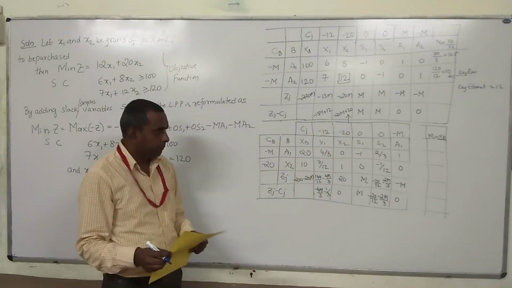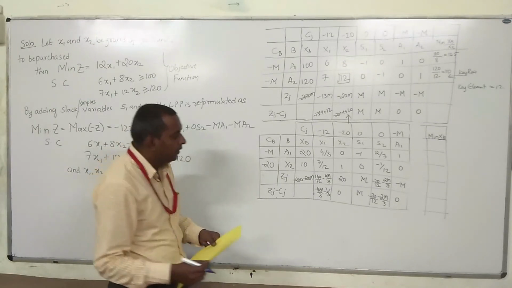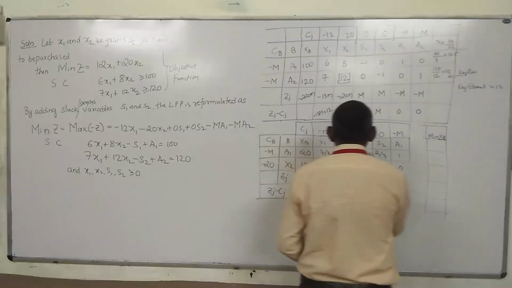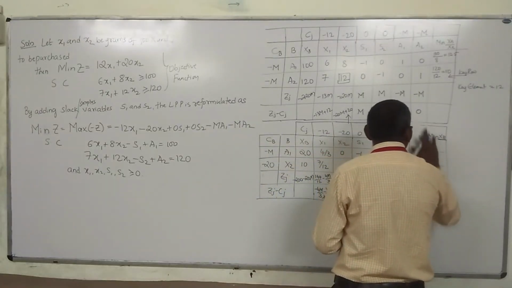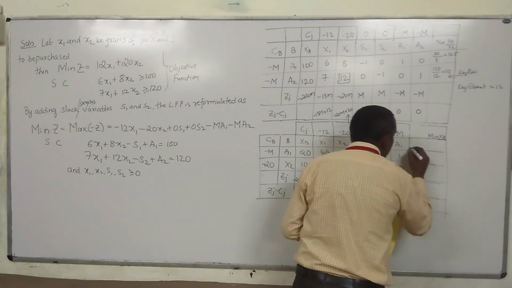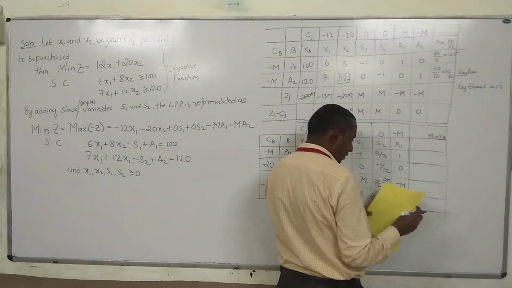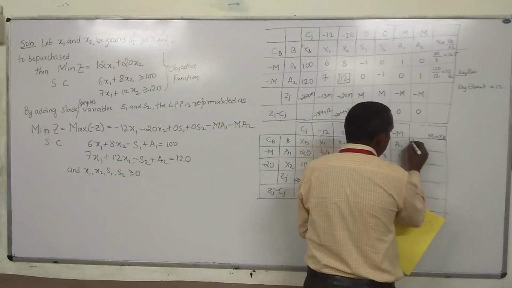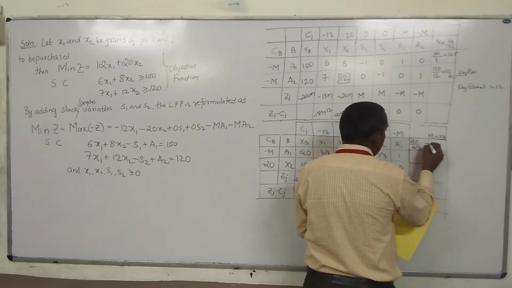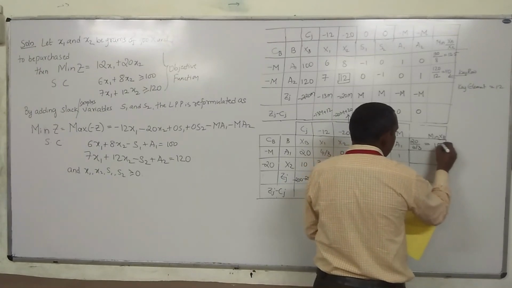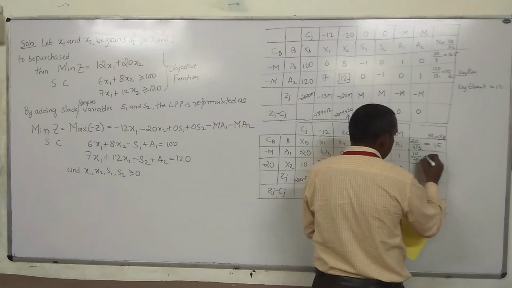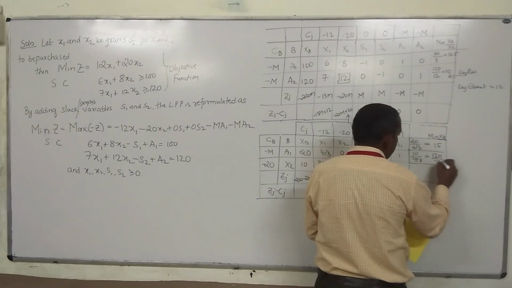So we need to find the most negative among this. So this will be the most negative. So this is 20 by 4 by 3, that is equal to 15. Next one is 10 divided by 7 by 3, that is 30 by 7, then 120 divided by 7.